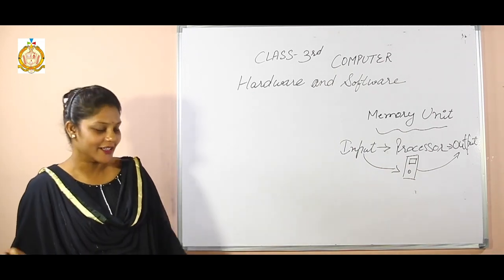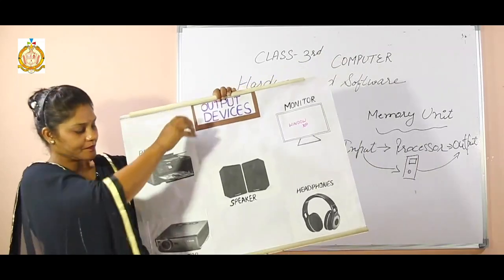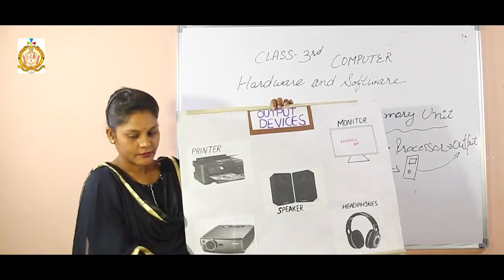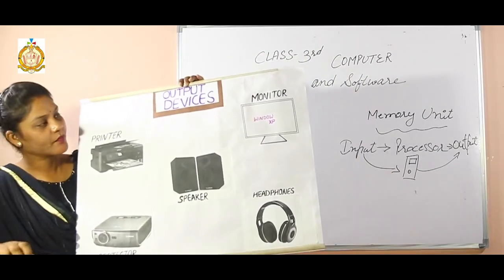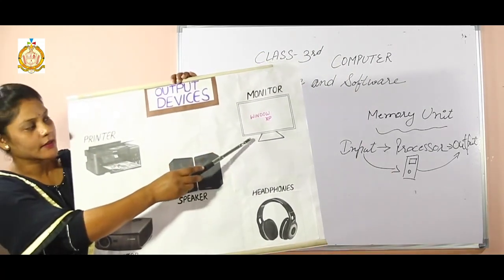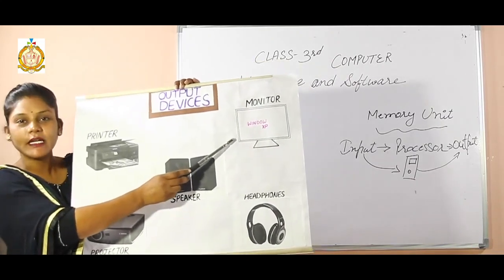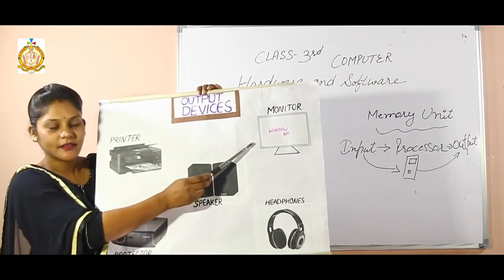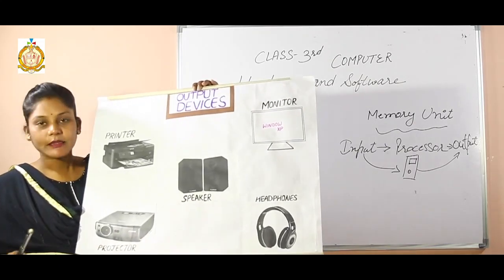So here I again want to show some output devices. First of all, here is the monitor, that is an output device. All the things you can see on the monitor. Monitor means the main screen. So here is page number 13.